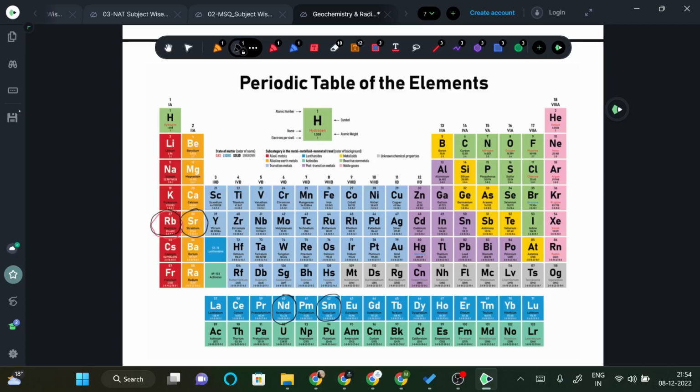Can anyone tell me? It's increasing from left, right. Yeah, so can you tell me, as they are placed in the periodic table, why Rb is more incompatible, and when it comes to Sm-Nd, Nd is more incompatible? You can see Rb and Nd both lie to the left, right? Sm and Sr both lie to the right.